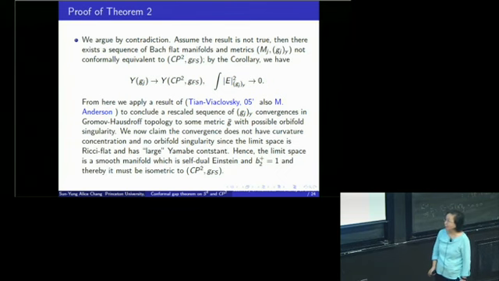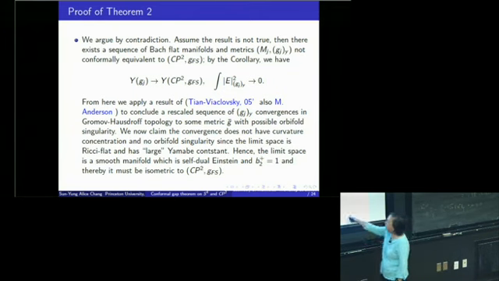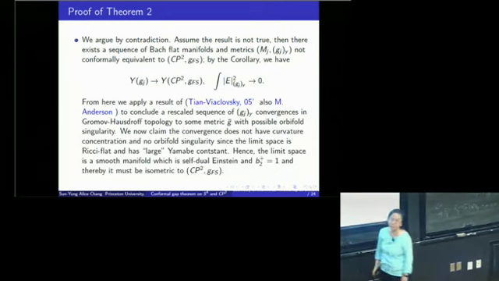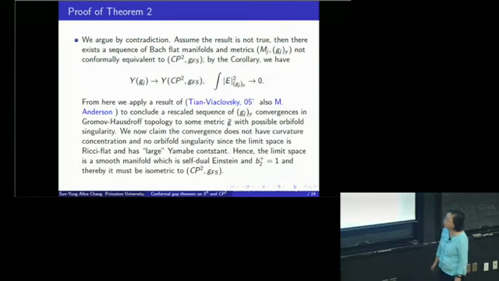From there, again, we use the assumption of Bach flat. There is an early work of Chang and Yang, who study the limiting of Bach flat metrics, and also Michael Anderson. Then the rescaled metrics of this sequence begin to converge, and they converge to an orbifold metric with orbifold singularity.